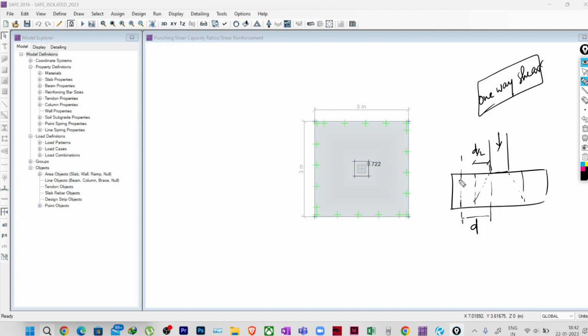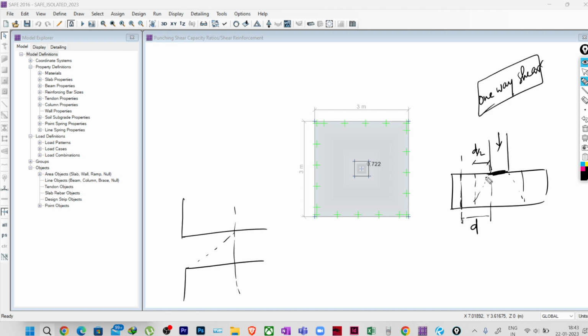All of us know, at d distance, like a beam, suppose we have a beam, what is the shear vicinity? We consider that d distance. It is the critical section for shear. So here this d distance is the critical section for one-way shear. At d/2 distance, we are considering punching, as we have a load like a punch on the footing. So first we will check for the punching shear.